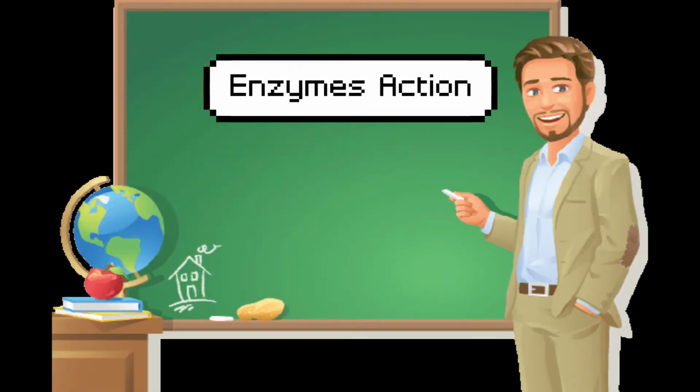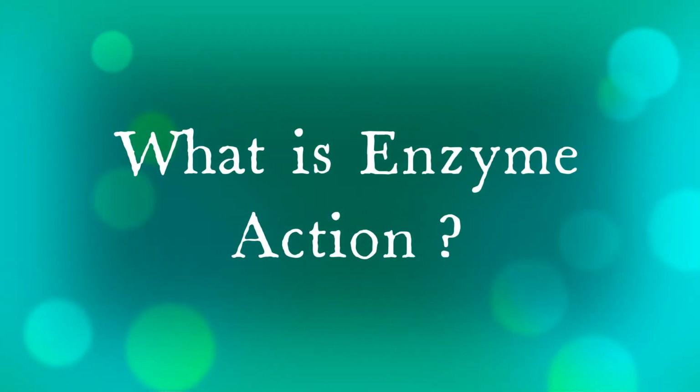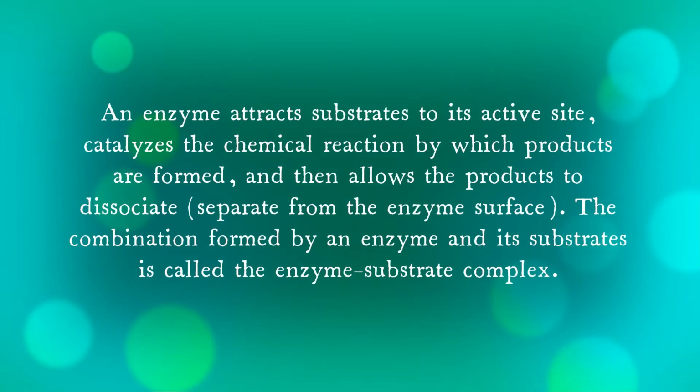So first, we will discuss the definition of enzyme action. What is enzyme action? An enzyme attracts substrate to its active site, catalyzes the chemical reaction by which products are formed, and then allows the product to dissociate, separate from the enzyme surface.